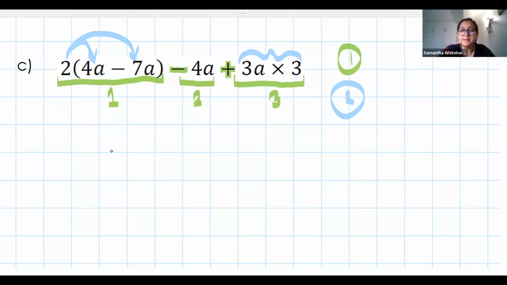Okay, so remember, you are distributing in your first term, you are multiplying in your third term. The second term doesn't have anything going on in it. It just stays, what was it, 4a.